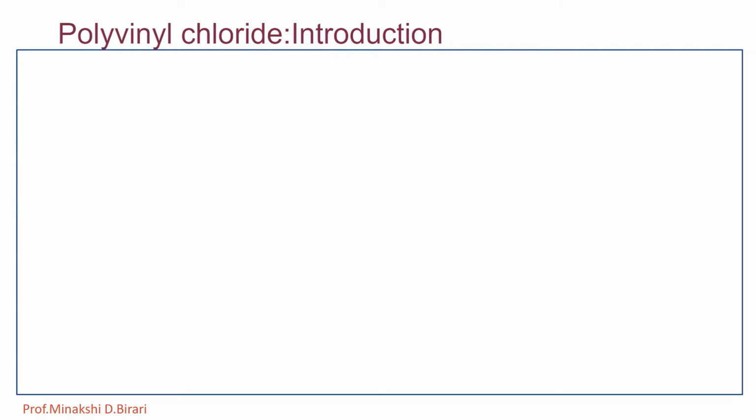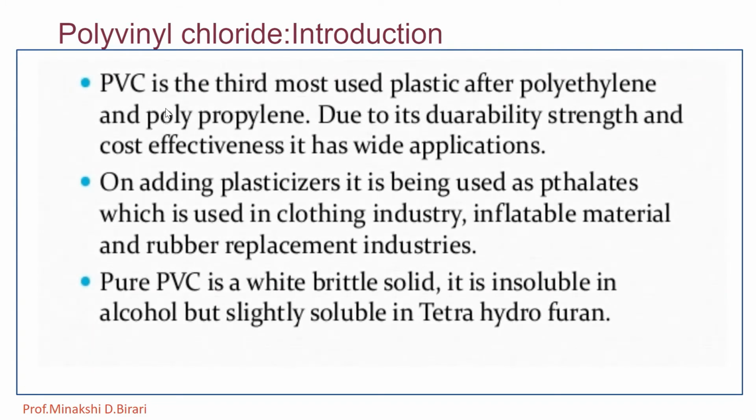Then let us see the second synthetic polymer, that is polyvinyl chloride, PVC. Polyvinyl chloride is the third most used plastic after polyethylene and polypropylene. Due to its durability, strength and cost effectiveness, it has wide applications.